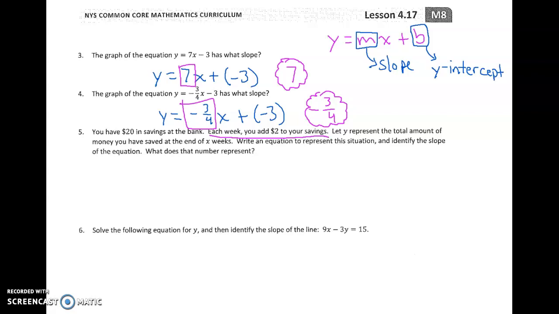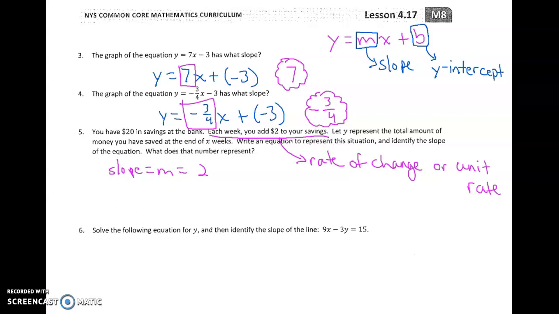If you're adding $2 to your savings every week, that's our rate of change, or our unit rate. And if you remember from a previous lesson, our rate of change, our unit rate, our constant, that's the slope. So in this case, our slope, our m, is 2.